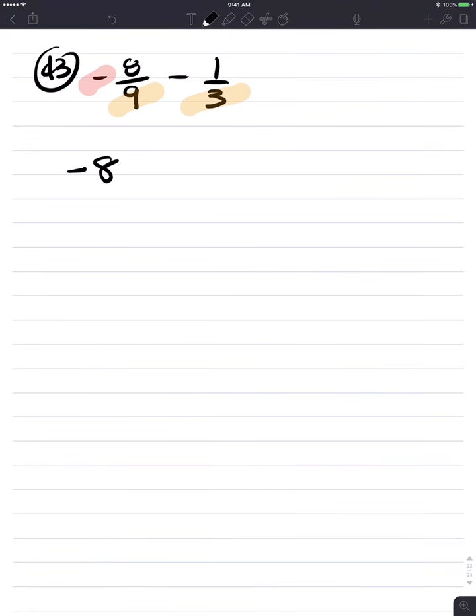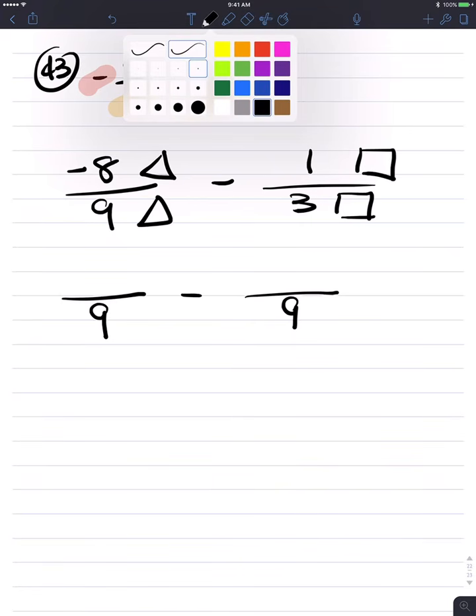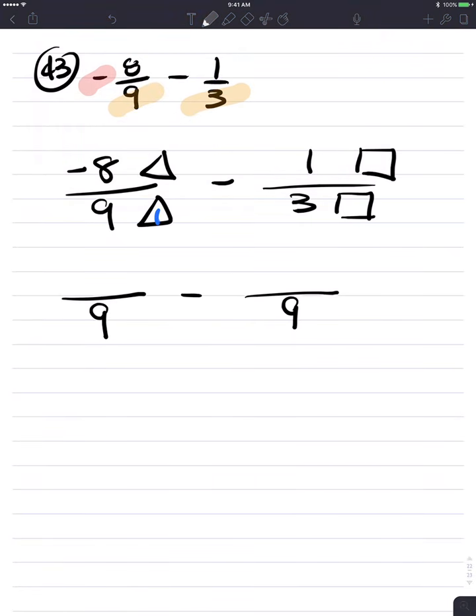So we have negative 8 over 9, triangle, triangle, minus 1 over 3 with our square and our square. LCM of 9 and 3 is 9. 9 times 1 is 9, so 1 goes in our triangles. 3 times 3 is 9, so 3 goes in the squares.